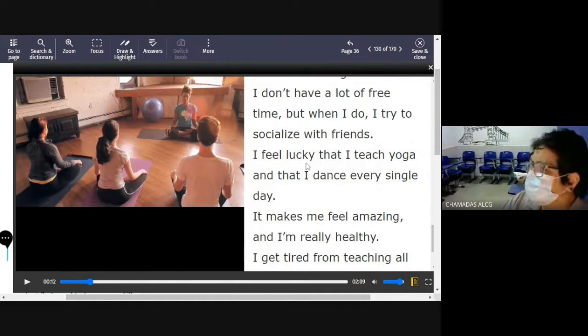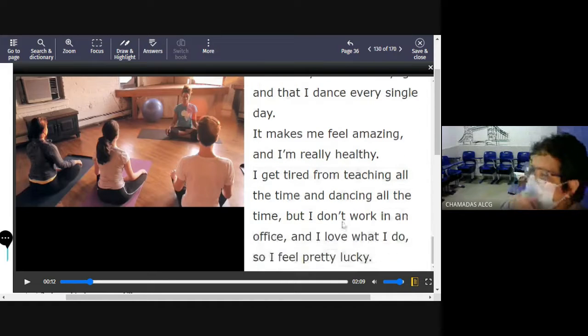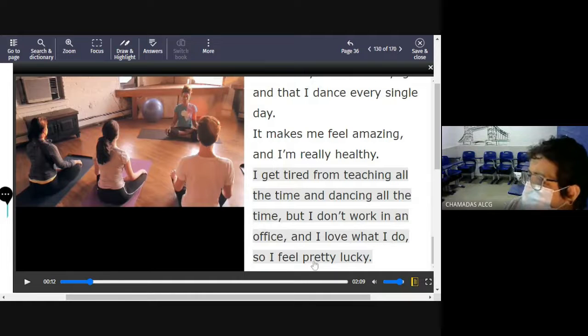I feel lucky that I teach yoga and that I dance every single day. It makes me feel amazing and I'm really healthy. I get tired from teaching all the time and dancing all the time, but I don't work in an office and I love what I do. So I feel pretty lucky.